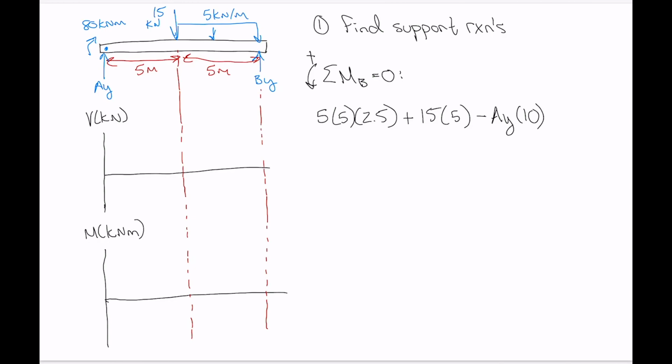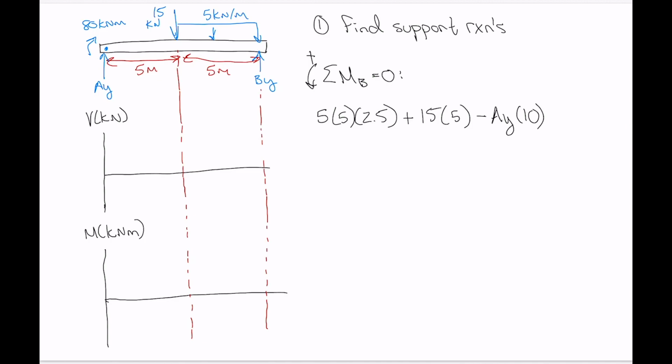Now, don't forget when you're doing a sum of the moments equation, you include point moments just as they are, right? You don't take that 80 kilonewton meter point moment and multiply it by 10 meters because it's 10 meters away from point B. Those point moments, you sort of consider them movable.